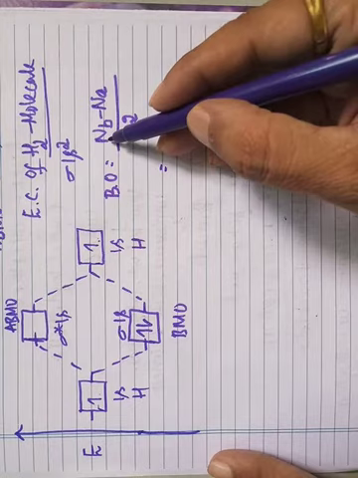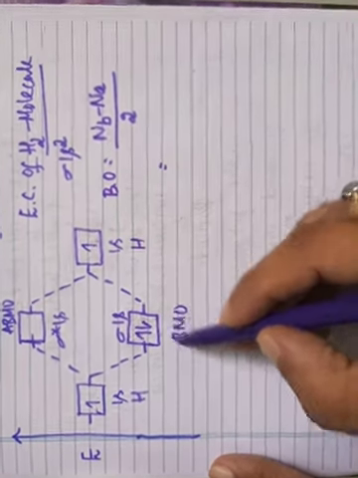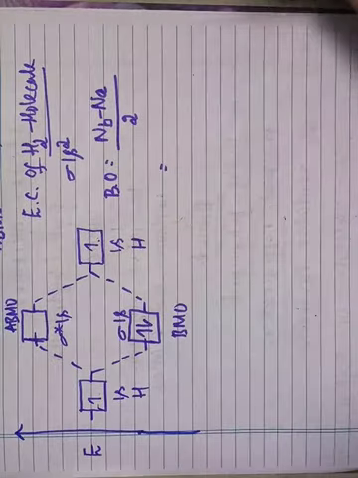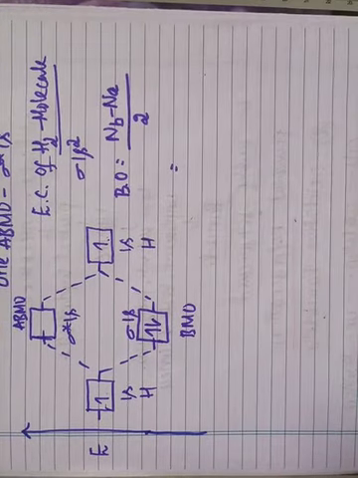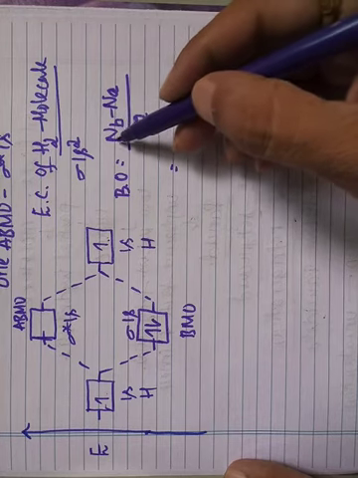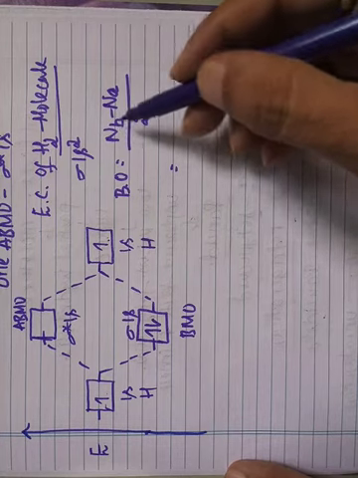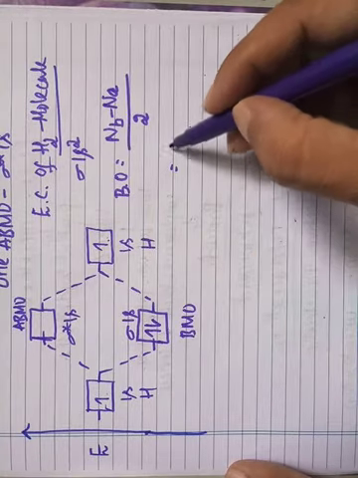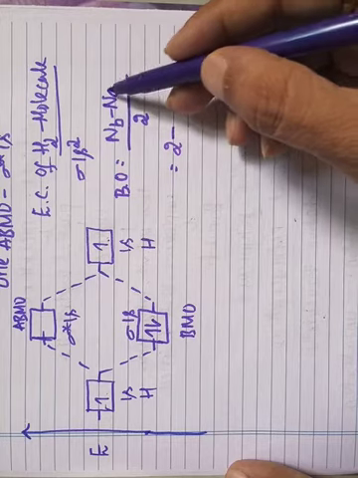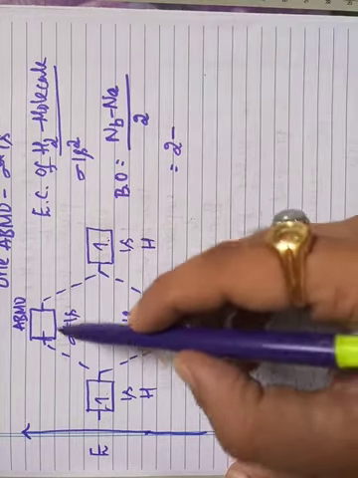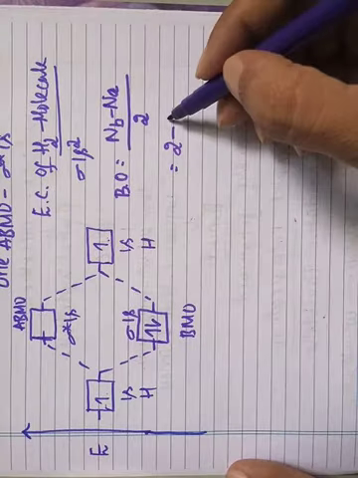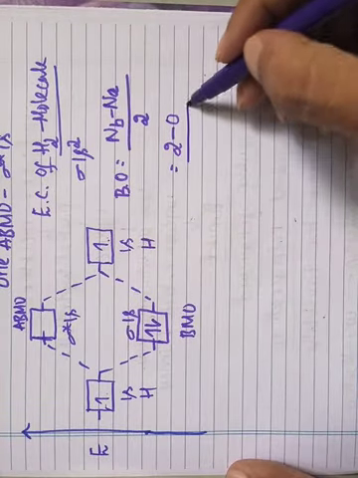Here Nb is the number of electrons in bonding molecular orbitals and Na is the number of electrons in anti-bonding molecular orbitals. There are 2 electrons in the bonding molecular orbital, minus Na. In the anti-bonding molecular orbital there are no electrons, so 0, divided by 2.